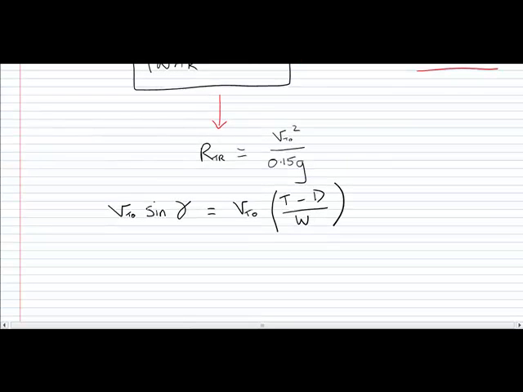the transition distance covered in flying around that arc horizontally is R_TR, the radius of transition, or the radius of curvature of that transition arc, times sine gamma at climb. That's the flight path angle that you're aiming to climb at, which is something you should know at this stage.